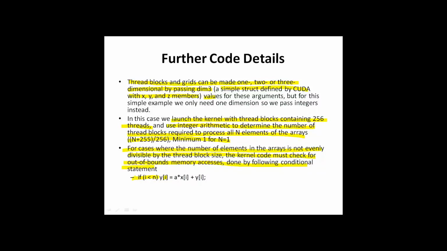So i should be less than n, where n is our maximum number of elements of the array. For these elements we do the operation y[i] = a * x[i] + y[i].